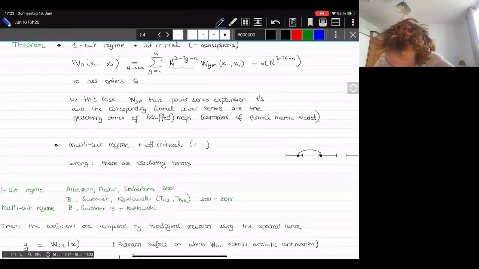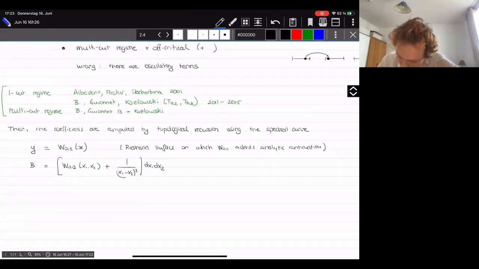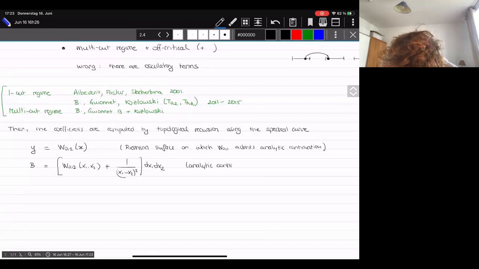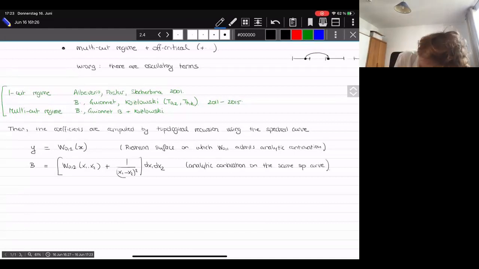So W02 is just the limit when N goes to infinity of W2. It turns out to have analytic continuation on the same Riemann surface, on the same spectral curve. And that's what you have to take for omega 02 in topological recursion.